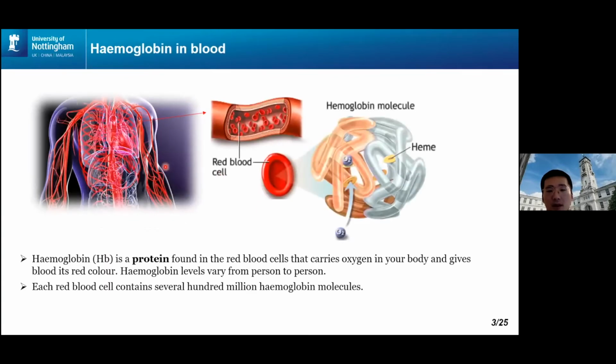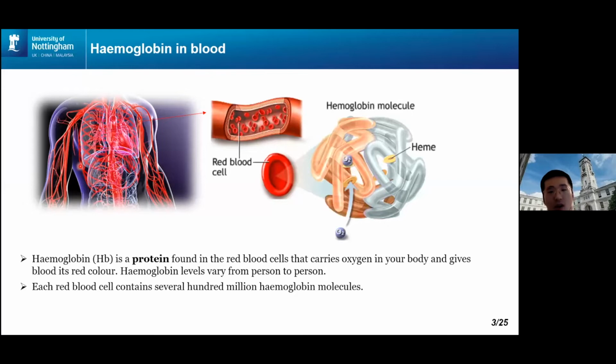Here we go. At the very beginning, what is hemoglobin? I believe some of you are familiar with it as you are in this medical and physics course. Hemoglobin is a kind of protein which is found in the red blood cells.